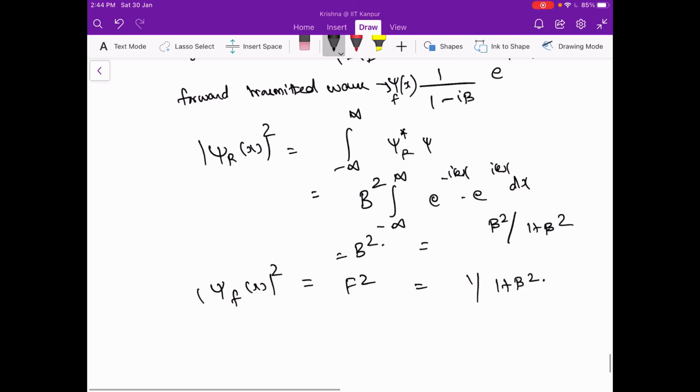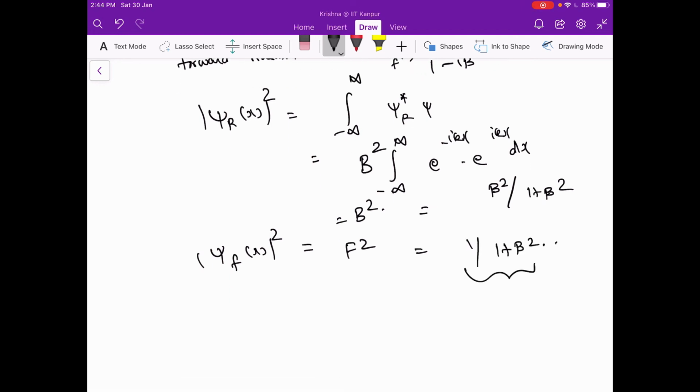So typically this is written as T, and this is written as R, the reflection coefficient R, and T being the transmission coefficient, right?